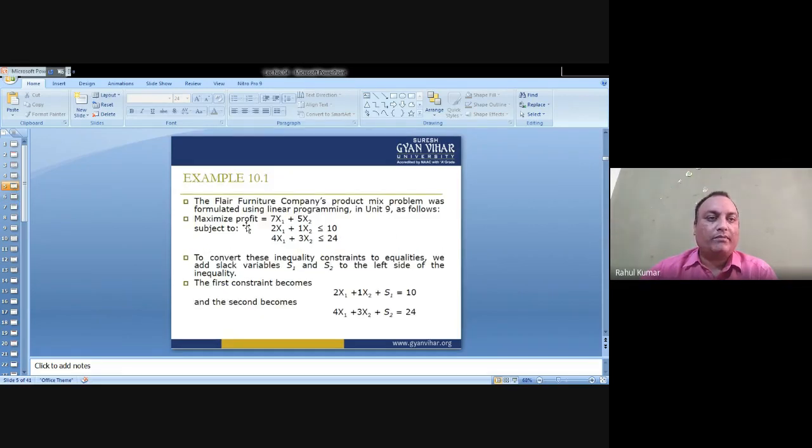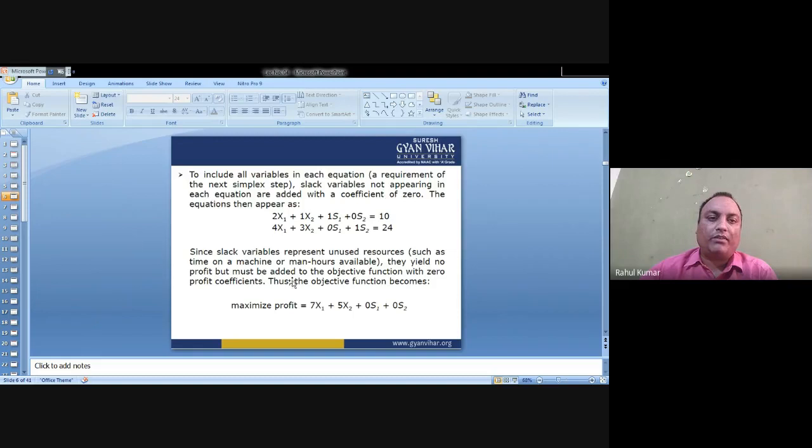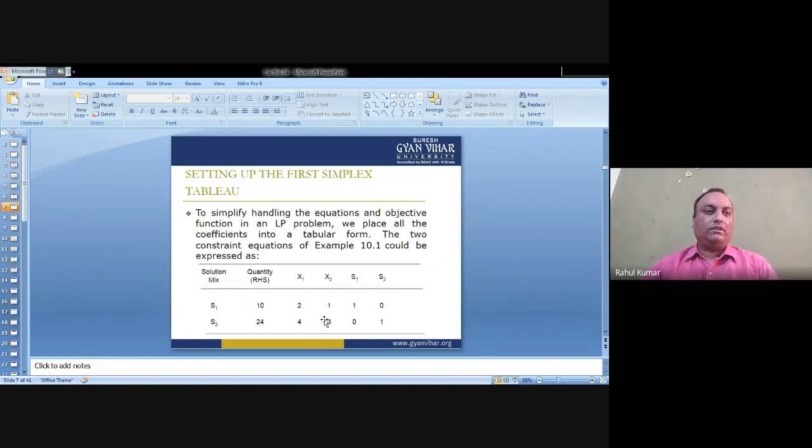So here the maximum profit z function, and these are the two constraints. So convert these equations and add the slack variables like this, right? These are the modified form of these three equations. So, setting up the first simplex tabulation.